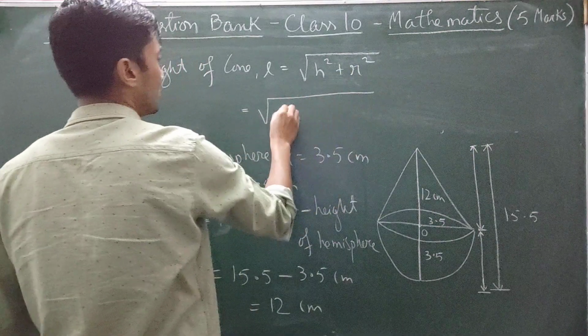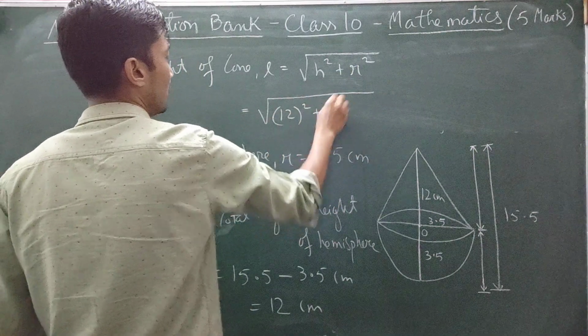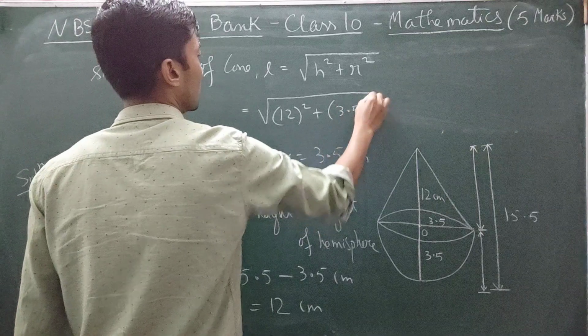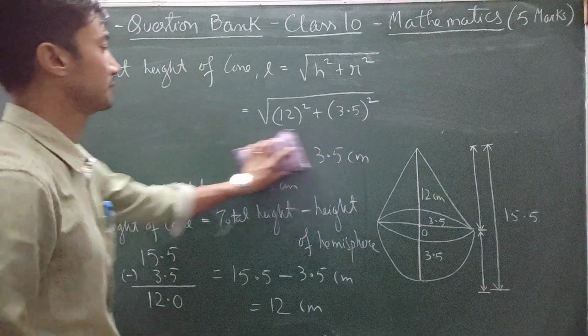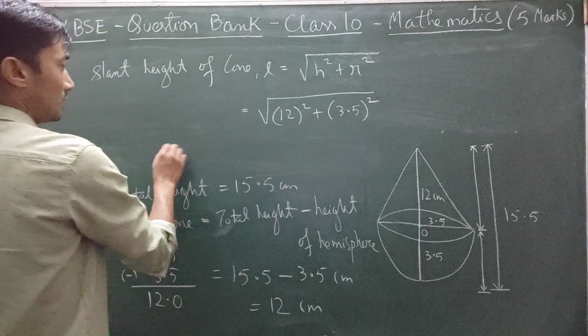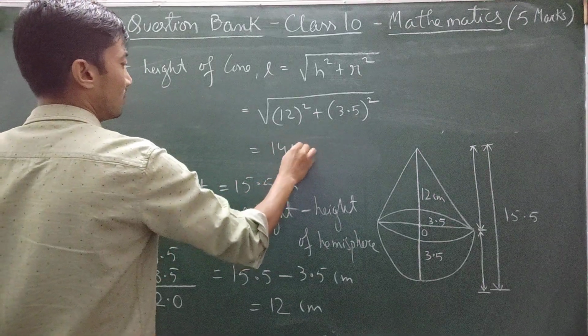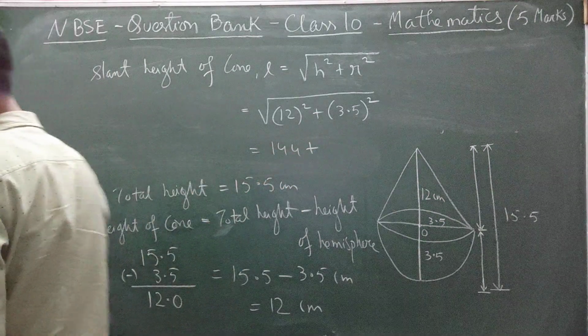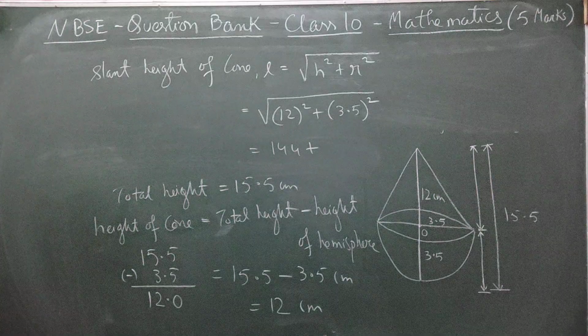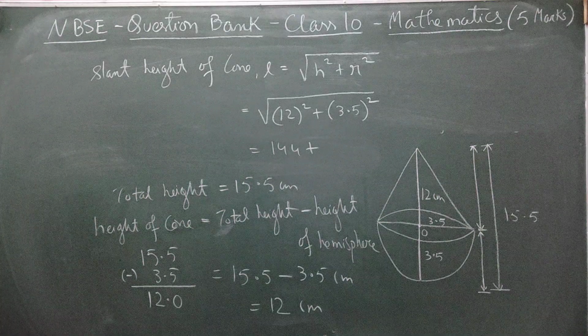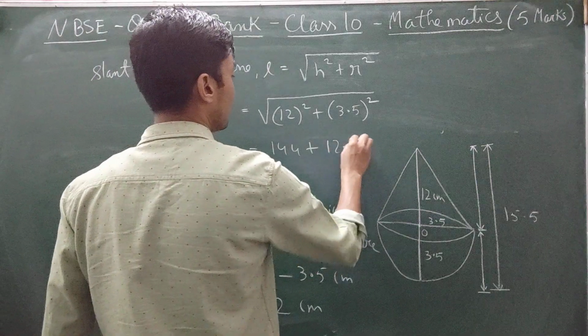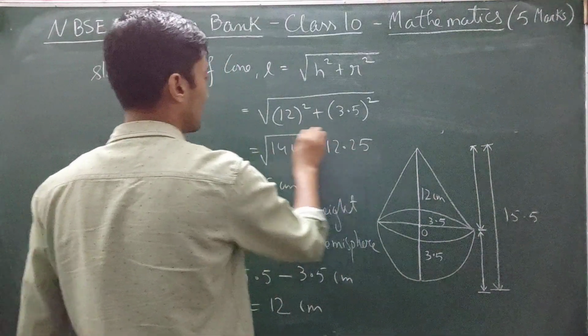I'll not write down the units. H we have found is 12, squared, and R is 3.5, squared. 3.5 square will be 12.25. Just to save some time, I've calculated this.